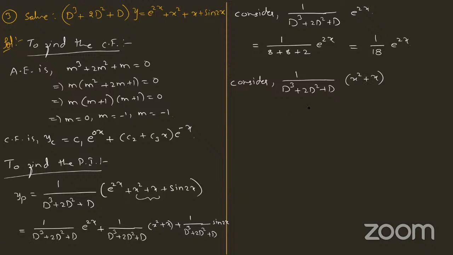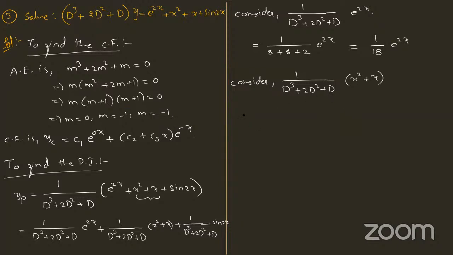You need to take the lowest degree term common from the denominator. Earlier in the previous two problems, when the constant was the lowest degree term, we brought it out, isn't it? But now there is no constant. So which is the lowest degree term here? It is D. Whatever the lowest degree term you have there, we need to bring it out. That's the idea. So since the lowest degree term here is D, you need to bring D out of this, right? So let's do that.